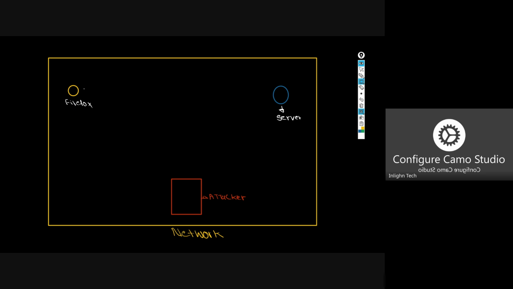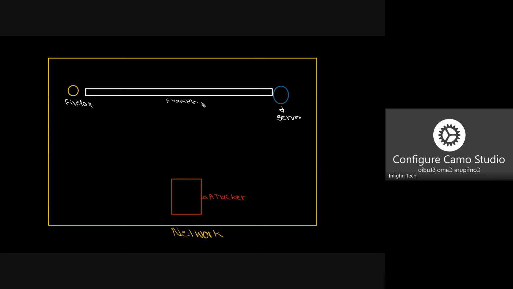Now we are accessing some website. Let's say we are accessing example.com or bank.com, and we are transmitting a username and password. Now this username and password is encrypted.